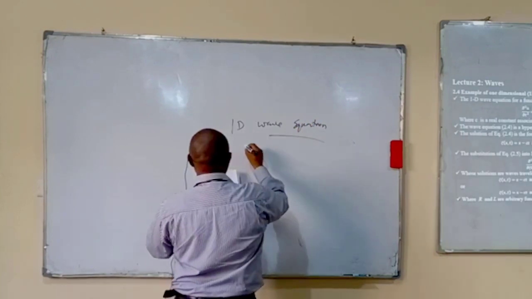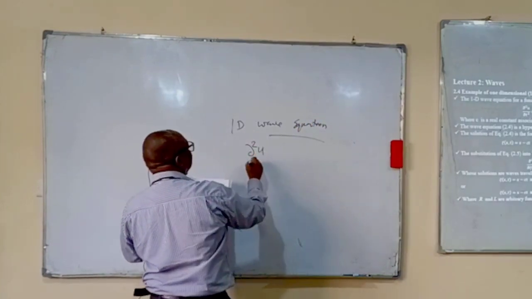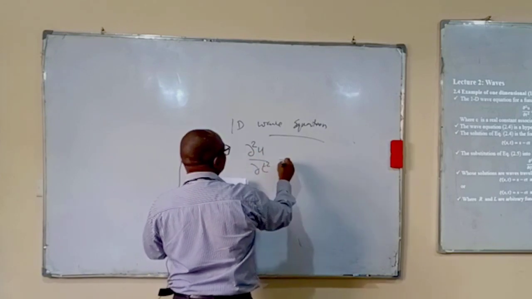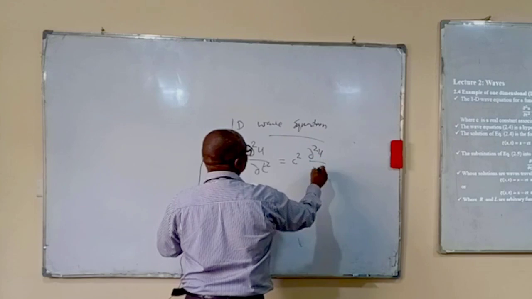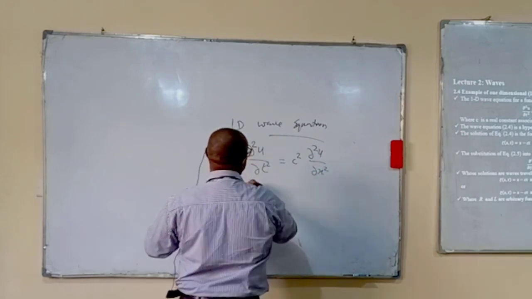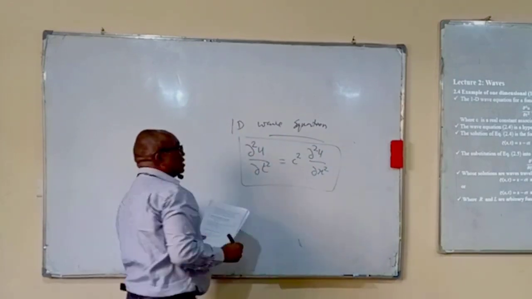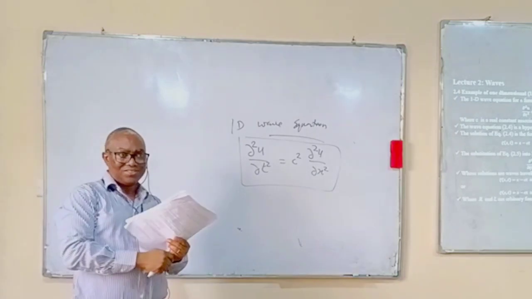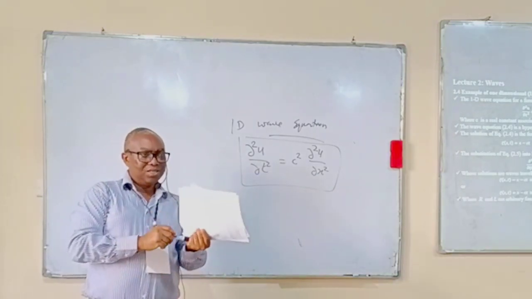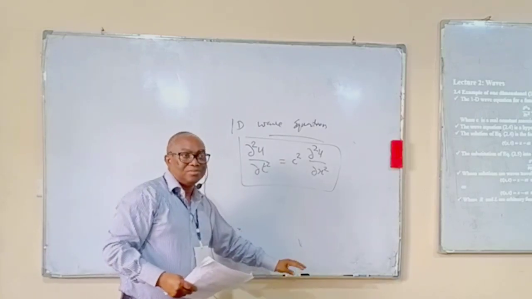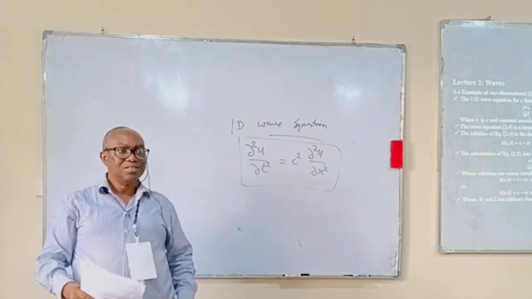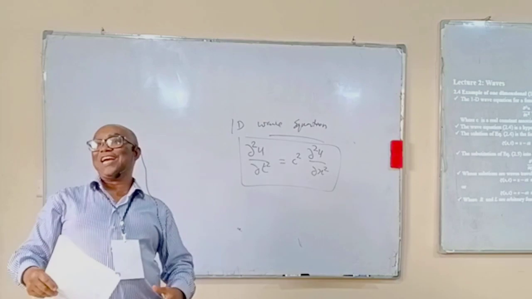It says partial squared u by partial t squared equals c squared partial squared u by partial x squared. That is the 1D wave equation. It's always done in year 4. It's part of Schrodinger's wave equation.